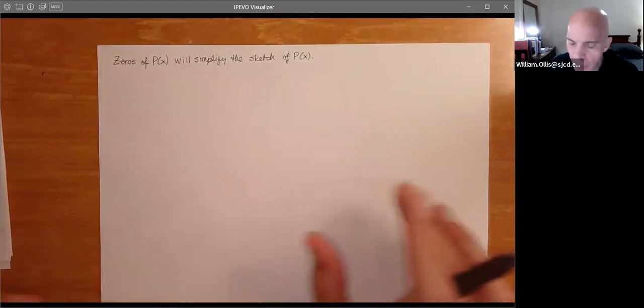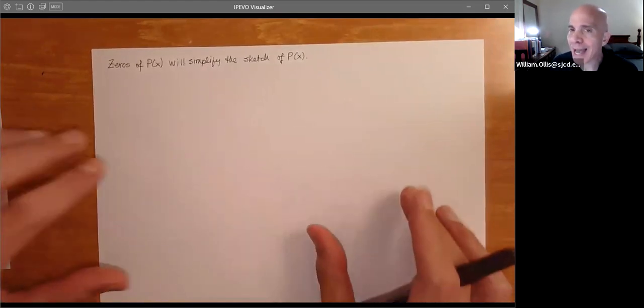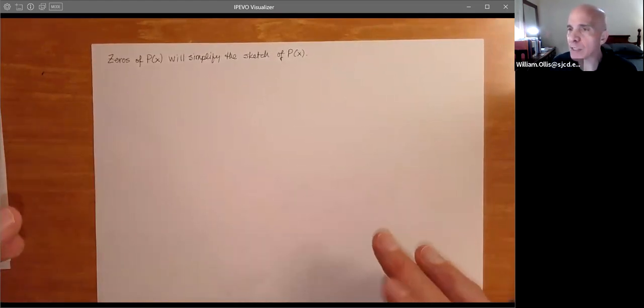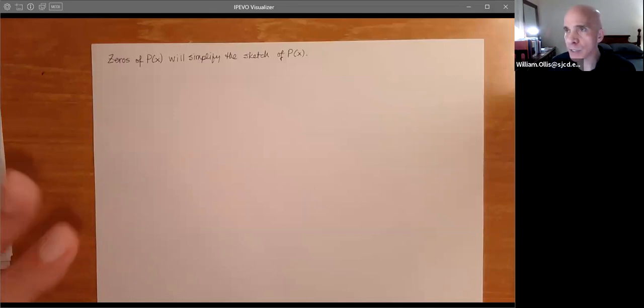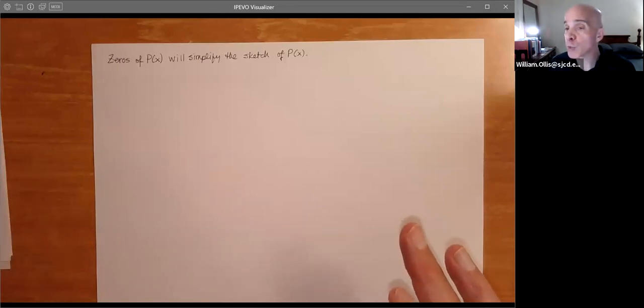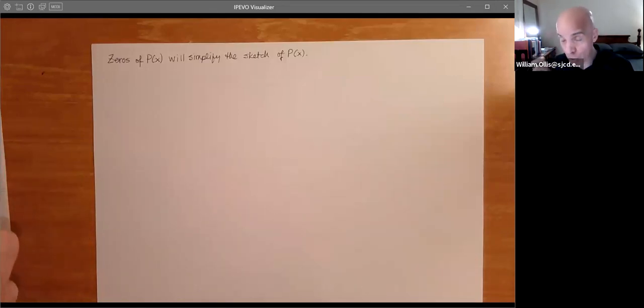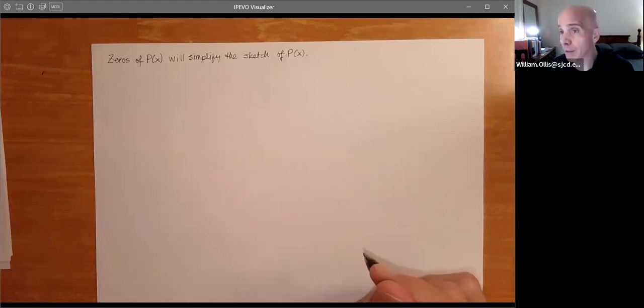Now, how do we do this without having to do so much work? I mean, we think about it. If we're doing transformations, we take a few simple points, we move them, and then we sketch the polynomial or the actual function based on the shape of the parent. And so we minimize the amount of work.